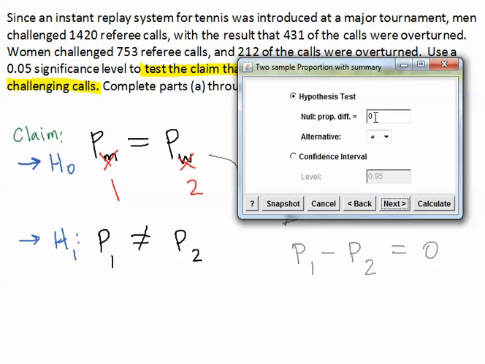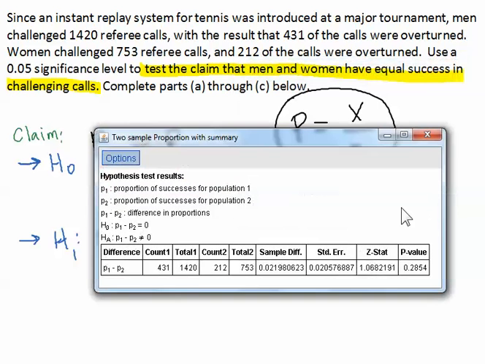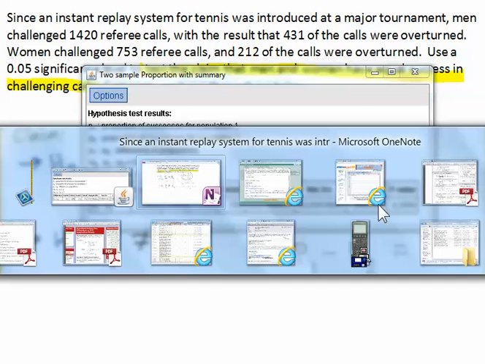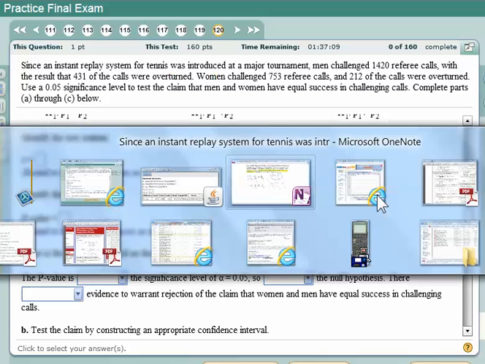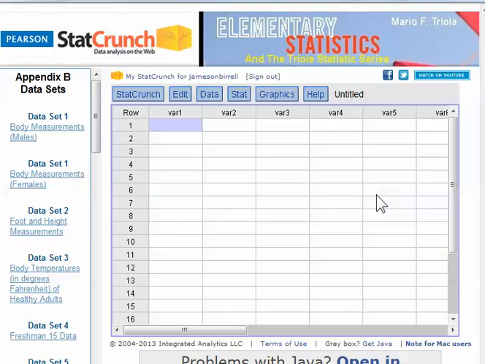So the difference is 0, and then the alternative statement to that we already have stated as not equal. Okay, and I'll just go ahead and calculate that. Great, so this is going to give me my z statistic and my p-value, because I'm doing this with the p-value method. So I need the test statistic right here, the standardized sample score. Sorry, I want that one and that one.